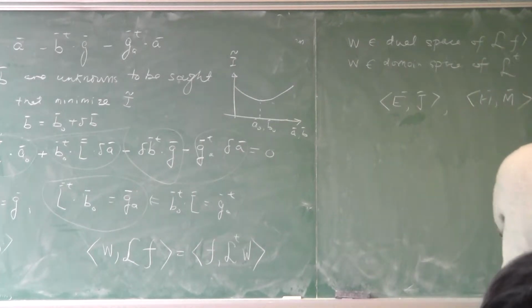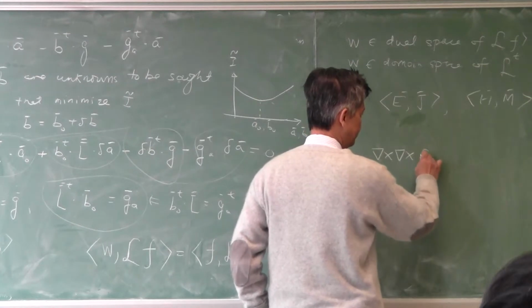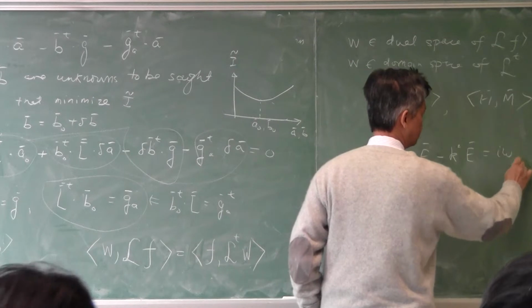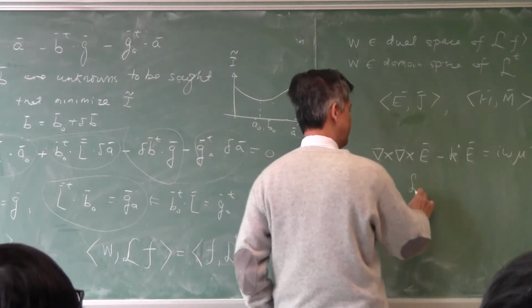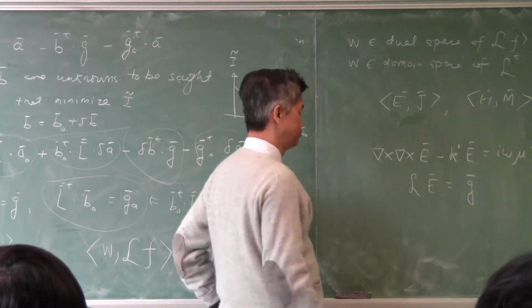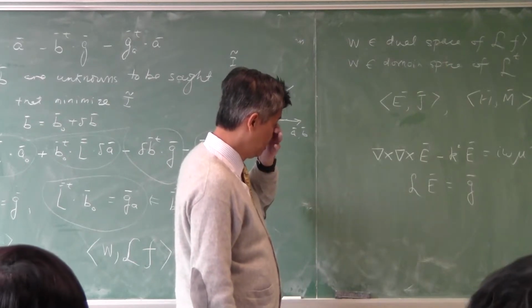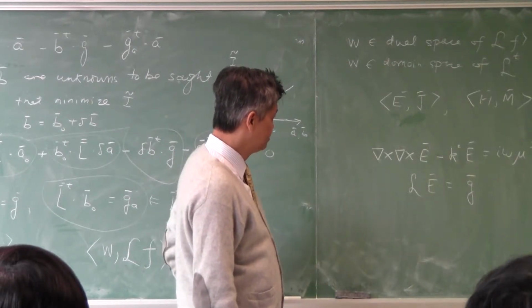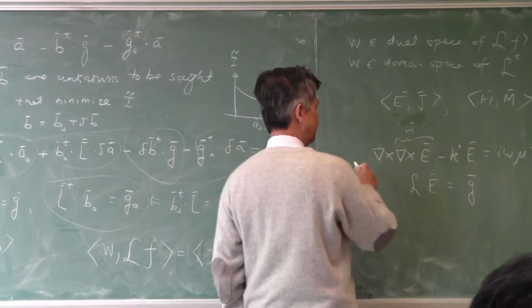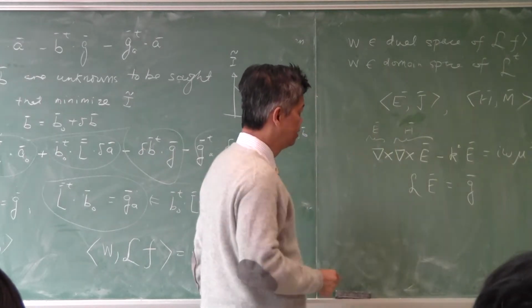So you can take a look at, say, in electromagnetics, you might want to solve this equation. So this is an equation of something of this form, where this is your unknown. If you look at this L operator, so this gives you H. This gives you E back, right?